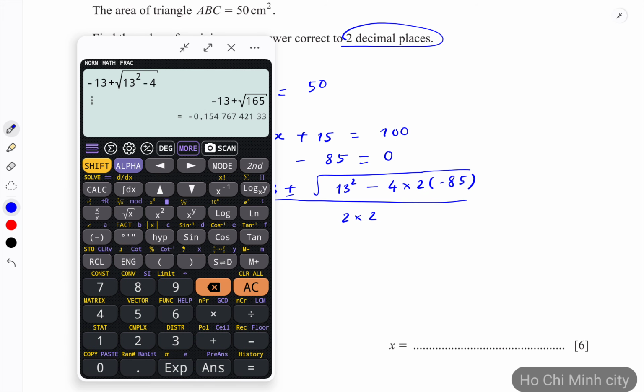Four times 2 times negative 85. All right, and then divided by 4. And we have the answer is 4.03.